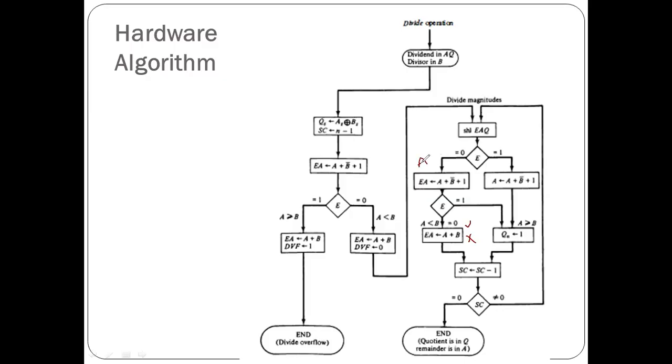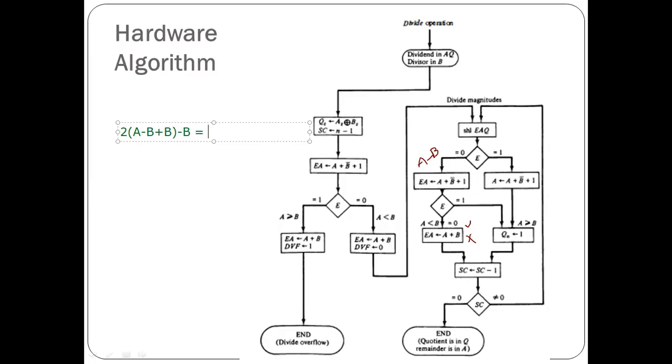See, here we are doing A minus B. If A is less than B, we are restoring back by adding B. After this, we shift left, which is nothing but multiplying by 2, and then again we subtract.